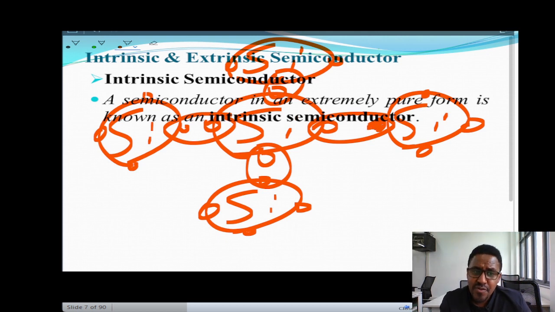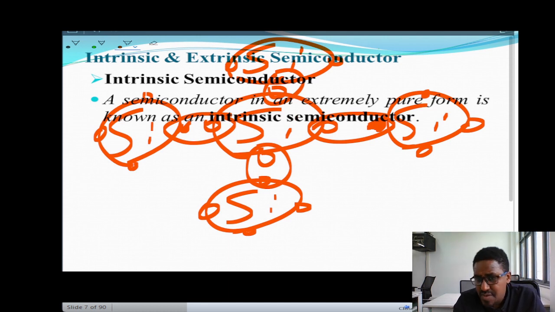So the total current of this intrinsic semiconductor is the sum of free electron and hole currents. The conduction capability of an intrinsic semiconductor is small at room temperature.